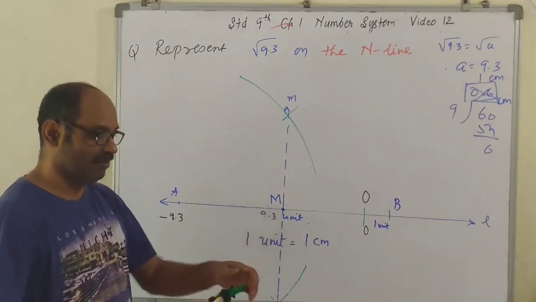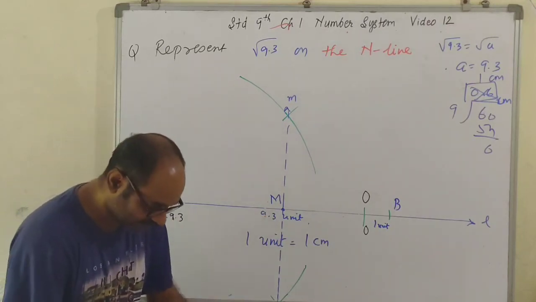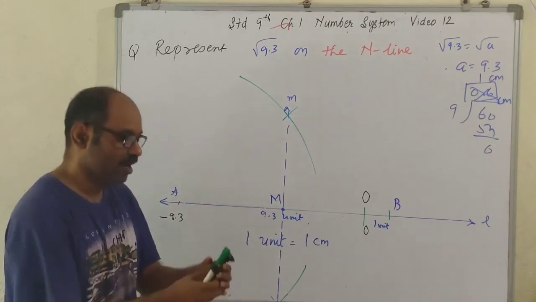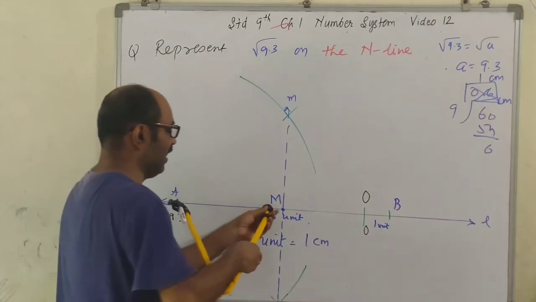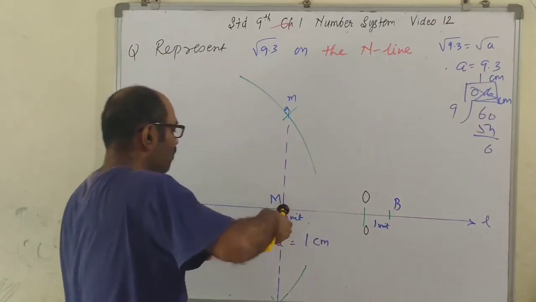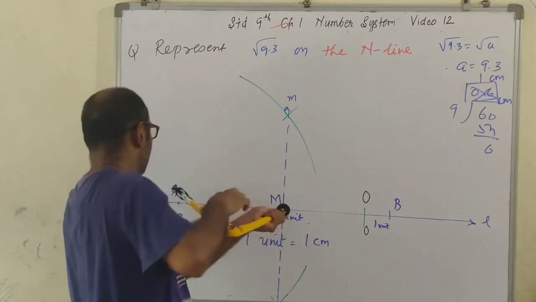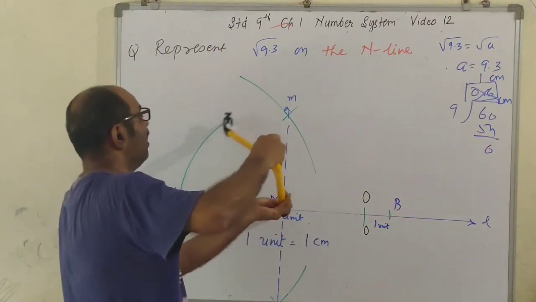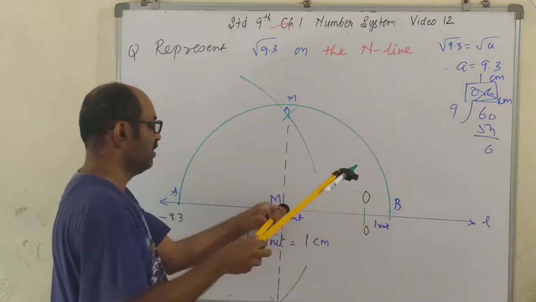Now you are going to draw a circle with center M. You are going to draw a circle with center M and radius AM. So let me take center M and radius AM. Alright. See that.